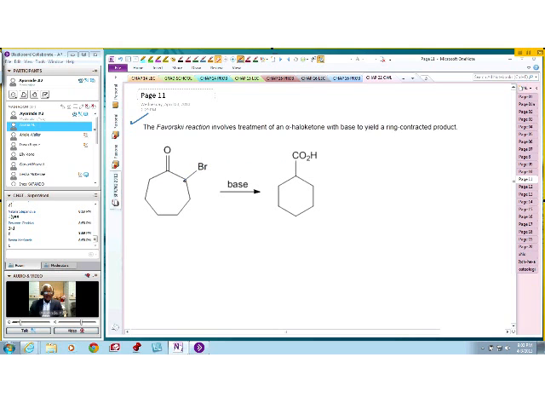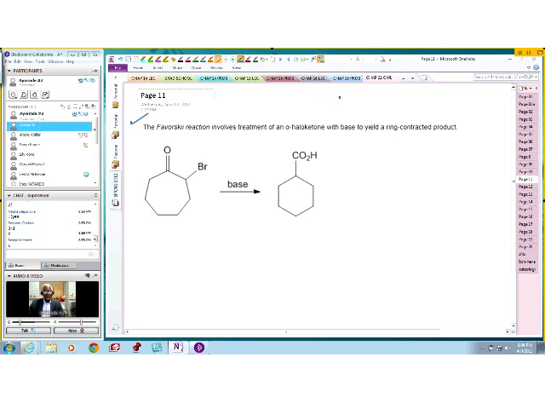In other words, you have a halogen attached to the alpha carbon here, and this is a ketone, with base to yield a ring-contracted product. Okay, I'm going to give you some guidelines, and then after that, you will guide me through how we go from here to here. Use all of the knowledge that we've gathered from chapters 21 and 22 to solve this problem.